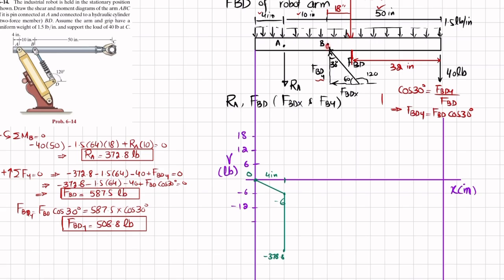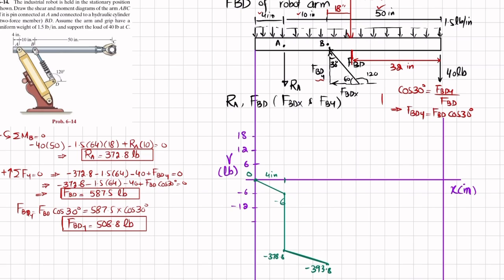So at this point B, let this point be minus 393.8, and again it will be a straight line because the uniformly distributed load is a horizontal line.